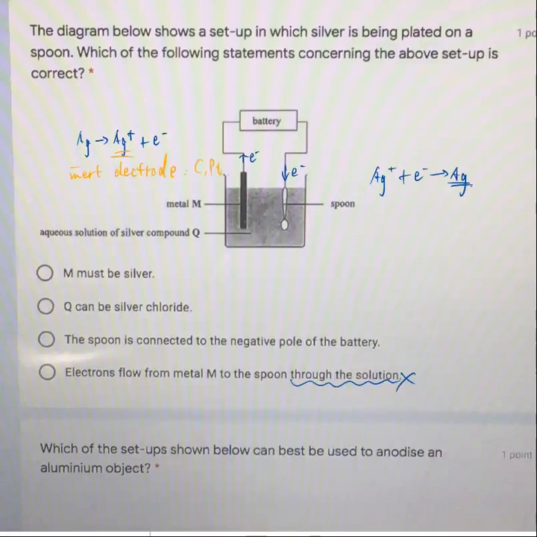If we use an inert electrode here, hydroxide ions are attracted to this positive electrode and turn into oxygen gas. So it doesn't have to be silver, although silver is the ideal case. But if we place an inert electrode, it will also help us plate a thin layer of silver onto the spoon.